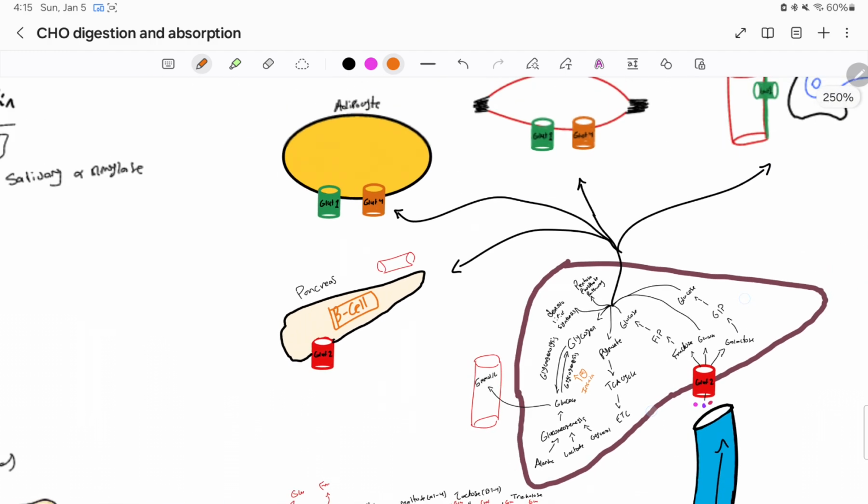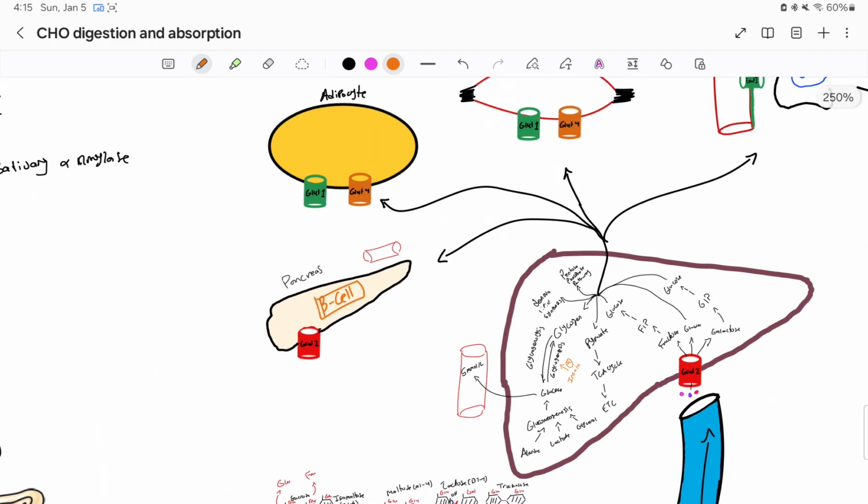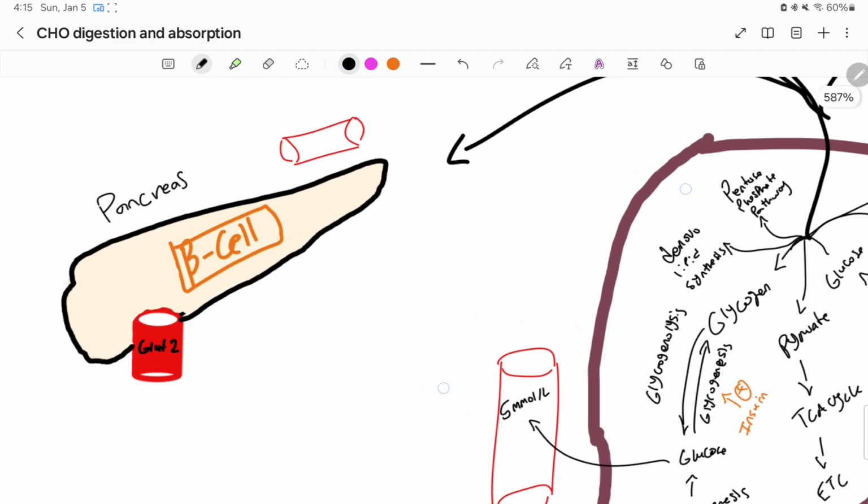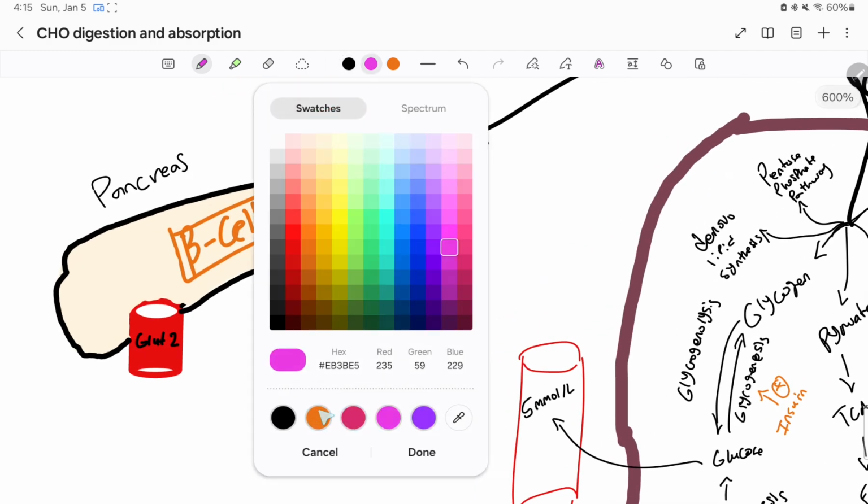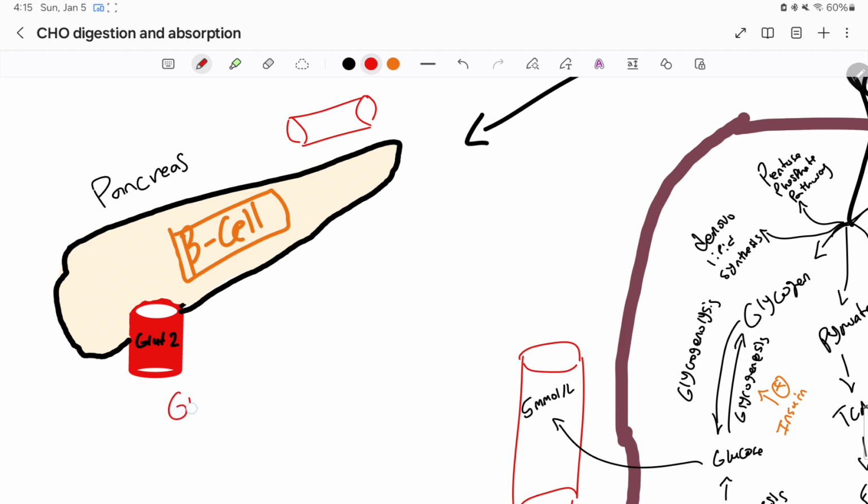Now let's follow all of these different organs and what they do with it. First of all, let's go to the pancreas. The pancreas is also going to have this GLUT2 transporter, which, if you remember, I said has a high Km.